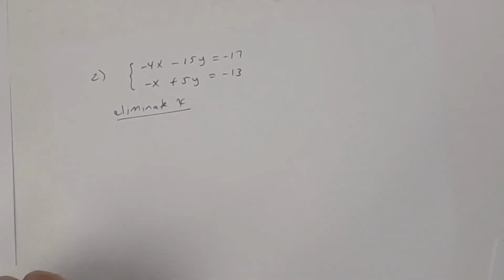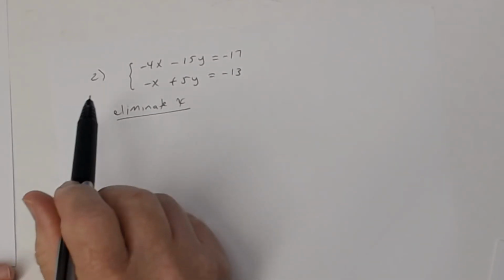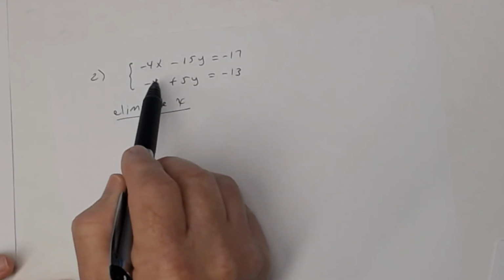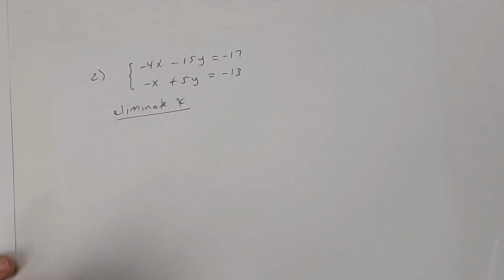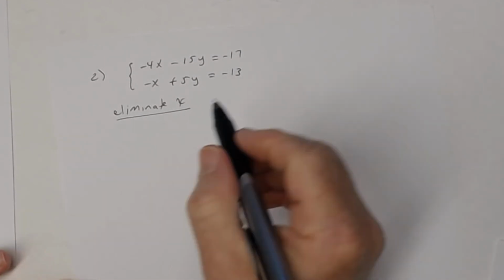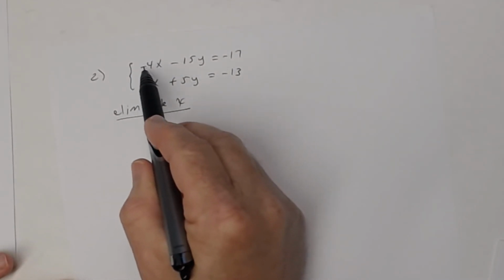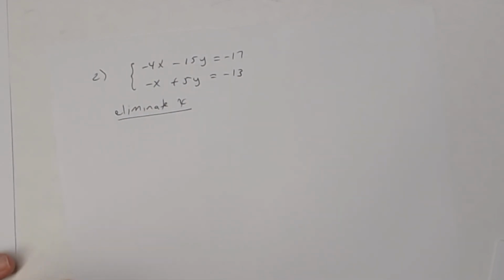Well, negative 4 and negative 1 go into 4, right? 4 and negative 4. They go into 8 or negative 8, and 12, negative 12, evenly, and so on. But let's use the smallest. So I want one of those to be a positive 4 and one of those to be a negative 4. So you want to find the smallest number that this coefficient and this coefficient go into.